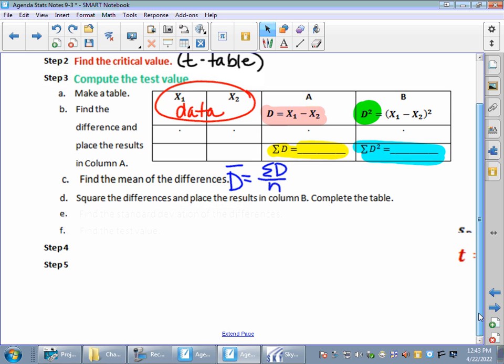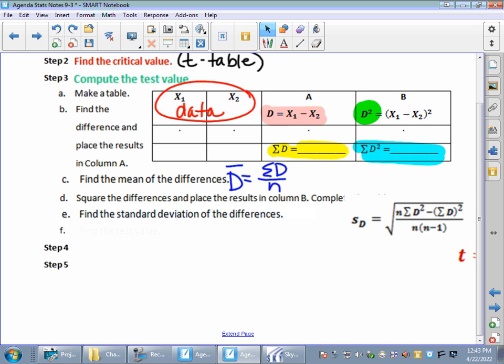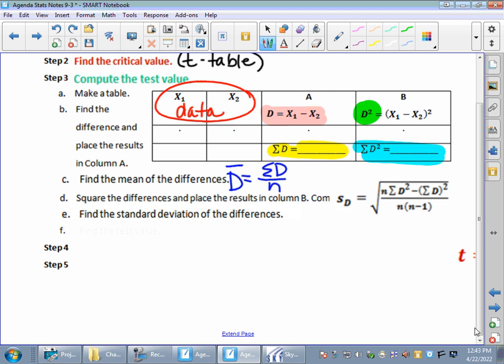Next up, in order to keep going to get all the stuff we need for that formula, we're going to find the standard deviation of the differences. So the standard deviation of the differences is the giant square root of our sample size times the sum of our d squares. So this value goes right here, minus the sum of our d's, differences squared, all over n times n minus 1. Don't forget to square root when you're finished.